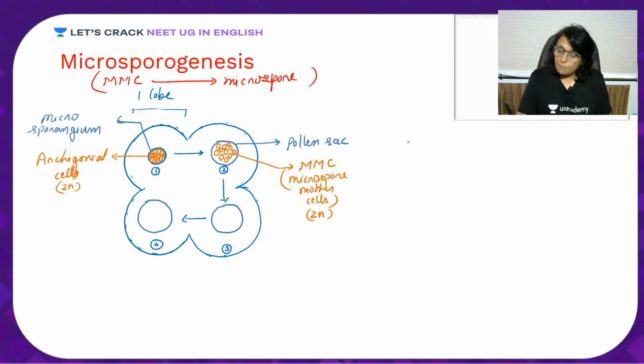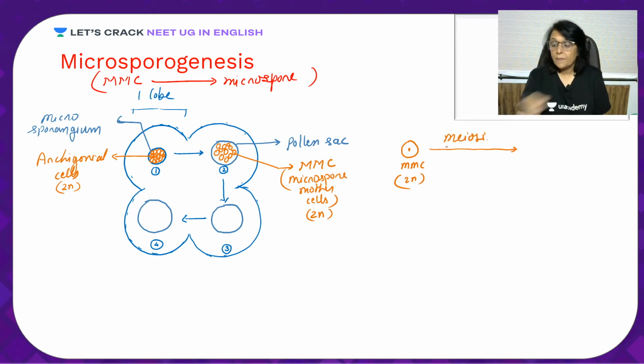So if we make this microspore mother cell, which is diploid, it undergoes meiosis because it has to produce haploid structures. So when meiosis takes place, one parent cell gives rise to 4 daughter cells.